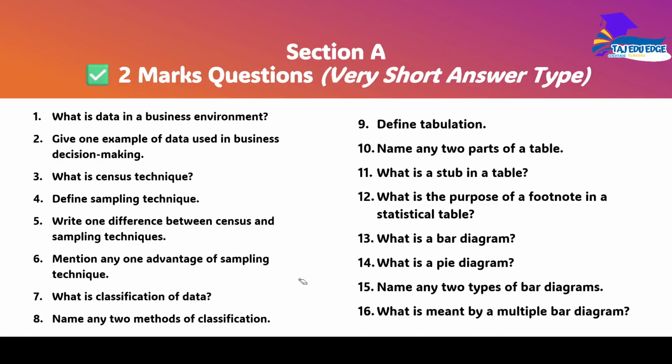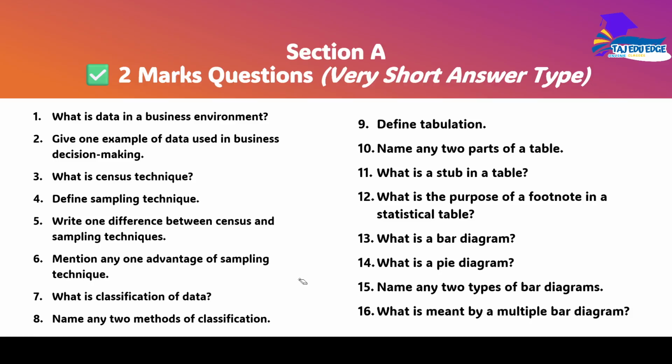So next, what can be the questions asked in section A? The 2 marks questions, very short answer type questions, can be: What is data in a business environment? That is 2 marks, a simple definition, which I have already given in the previous videos, which you can watch and practice the answers for these questions.